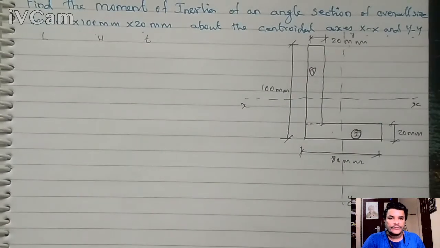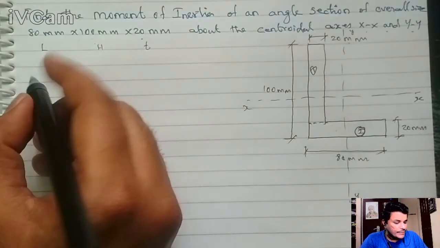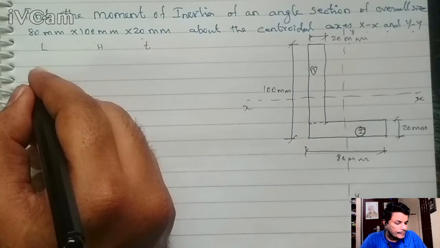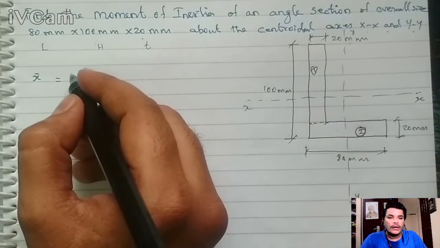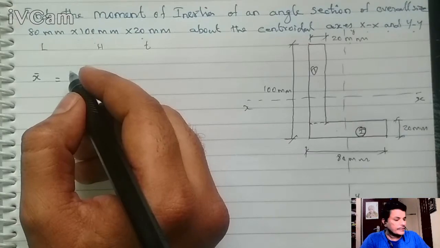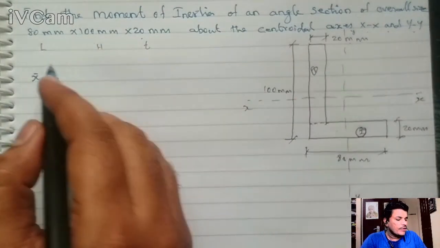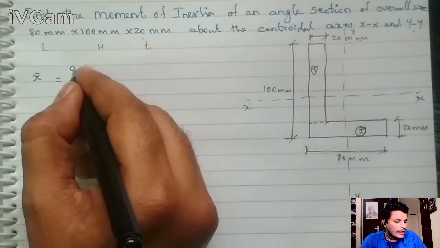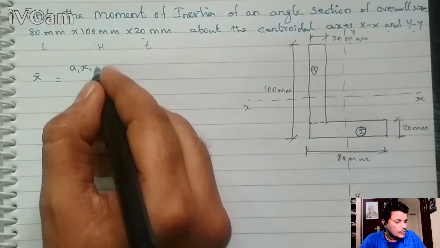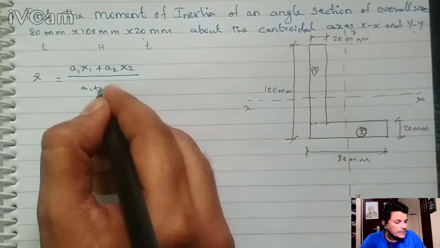First of all I need to calculate x bar. You know the formula; this is an angle section having two parts. The formula is a1 x1 plus a2 x2 divided by a1 plus a2.